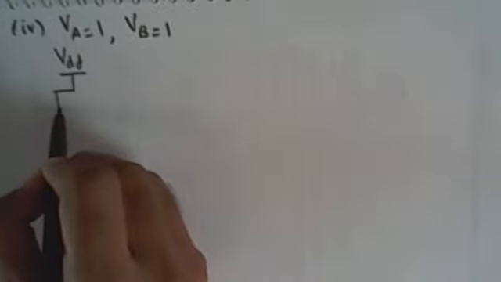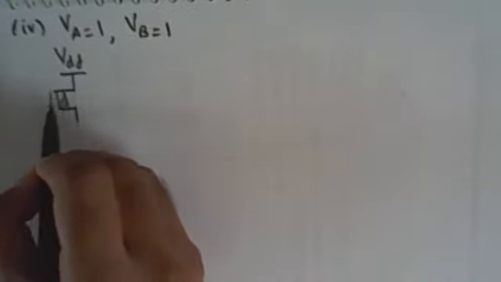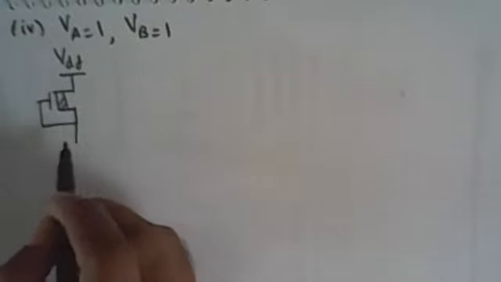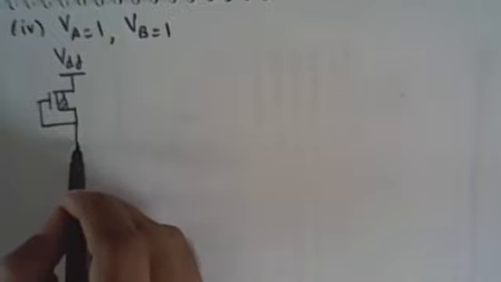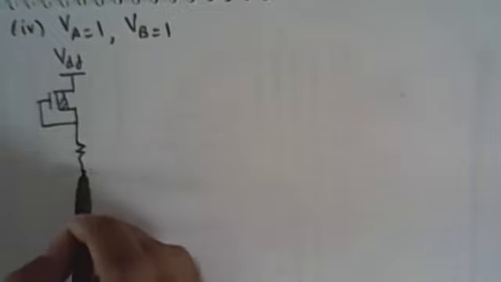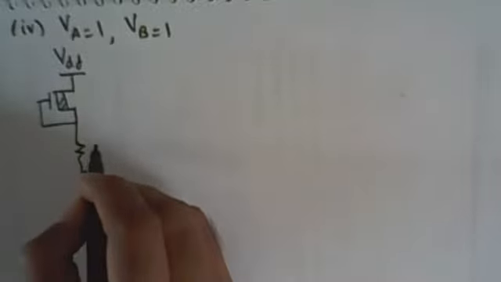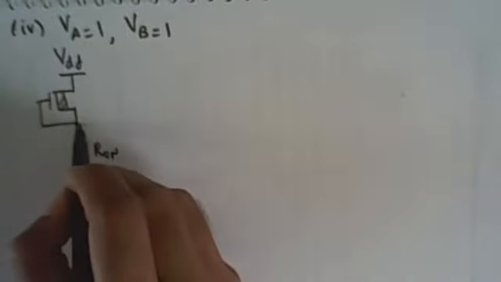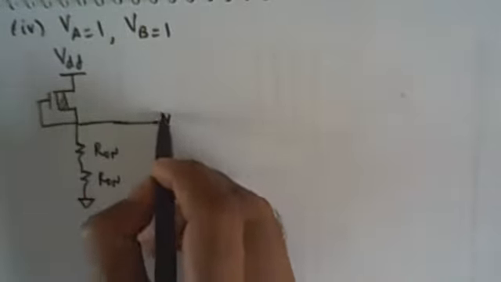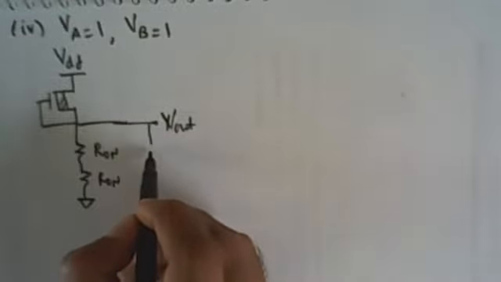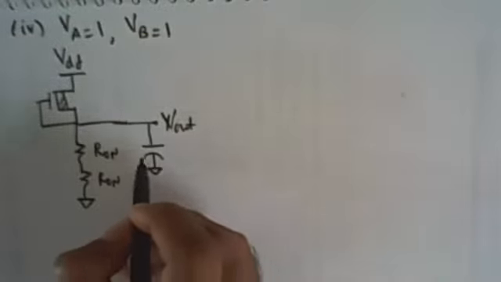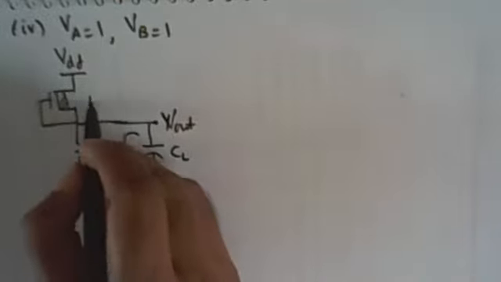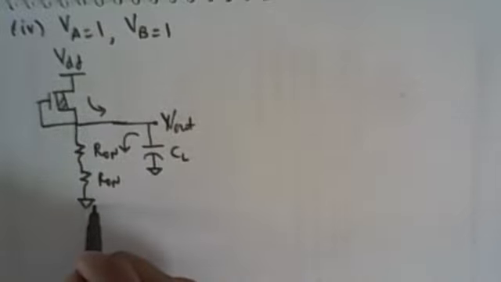Both the driver MOSFETs operate in conduction, with a small on resistance. The load also has some resistance, but it is very high compared to the on resistance of the driver MOSFETs. So the load capacitor is discharged through this on resistance and pulled up through the depletion MOSFET.